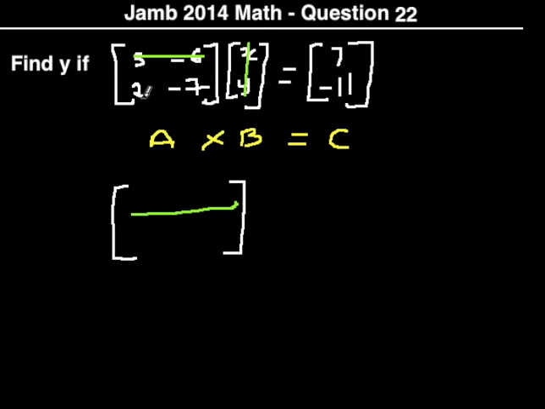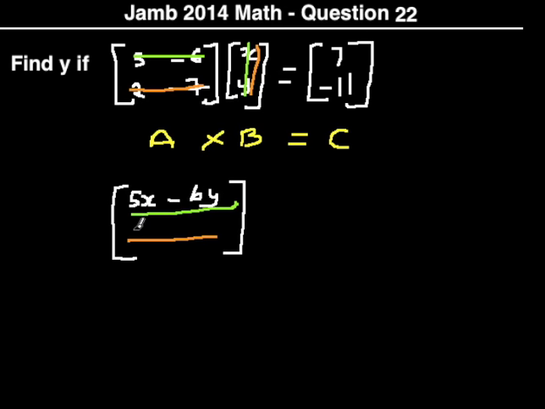Similarly, you're going to take the second row from the first matrix and multiply it by the first column of the second matrix, and that value is going to go here. So what does that look like? If we multiply 5 minus 6 times x and y, we get 5x minus 6y for the first value.